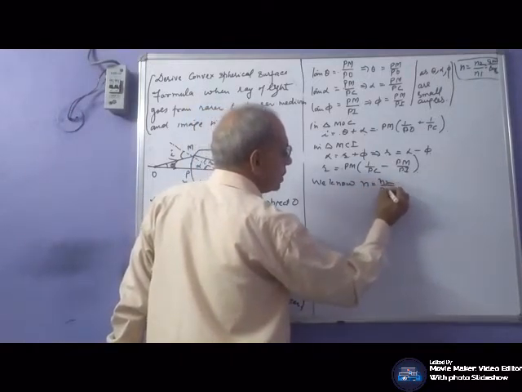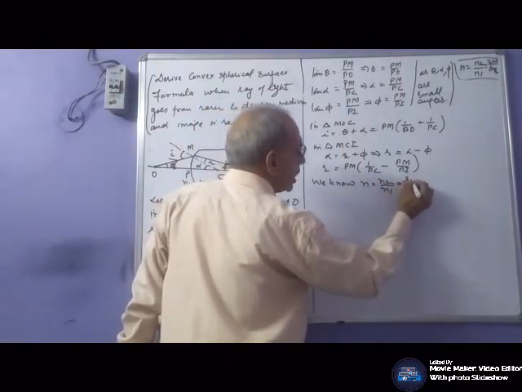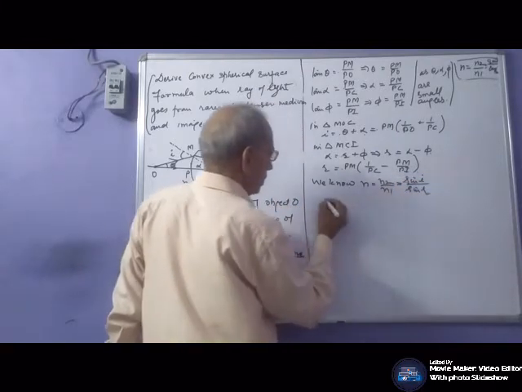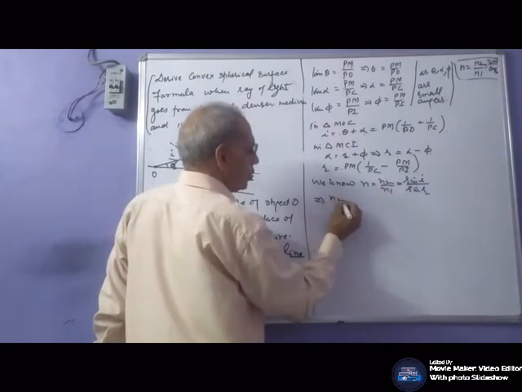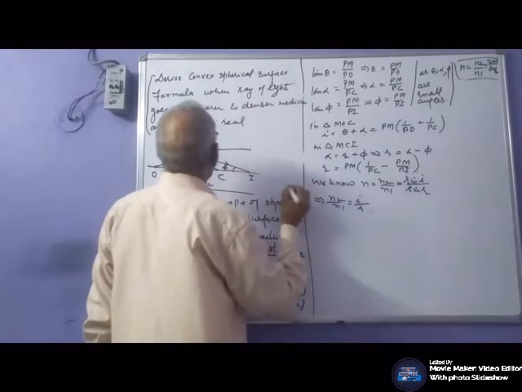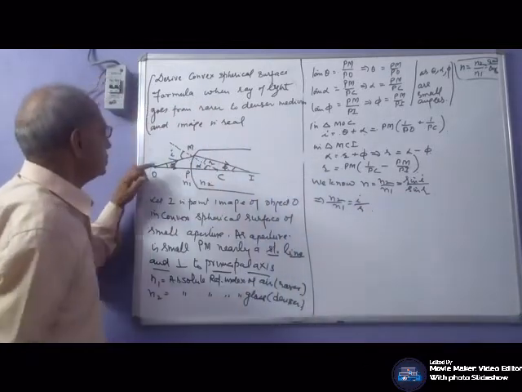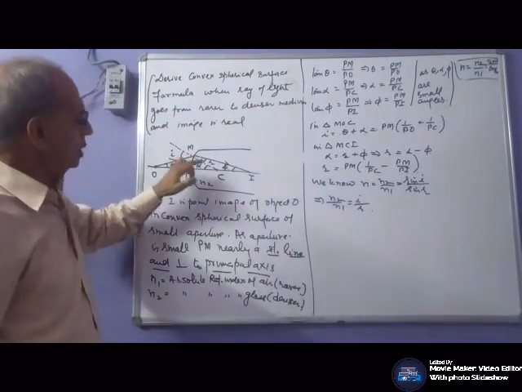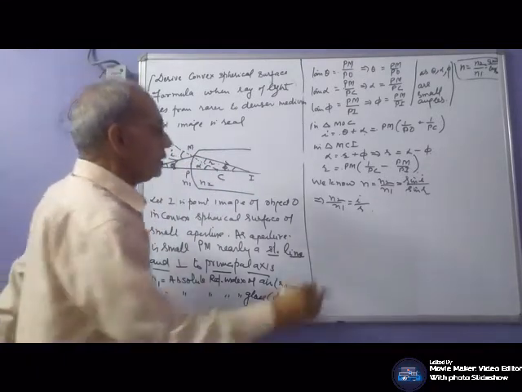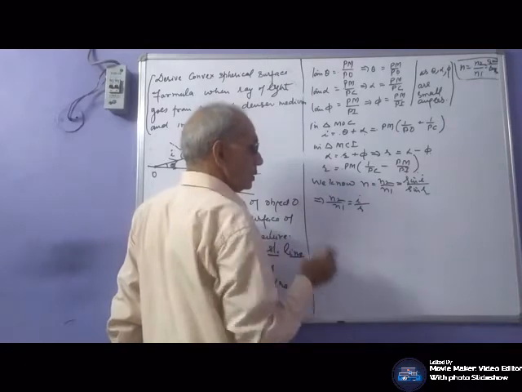We know N2 by N1 equals sin I by sin R, so N2 by N1 equals I by R. With the basic assumption I small, R again small, it is less than I. This is what we started with, small angles.